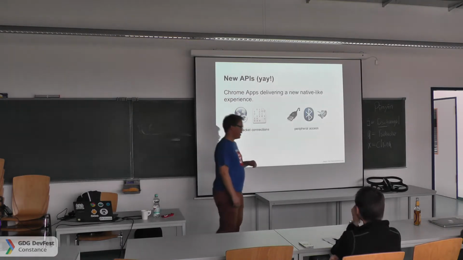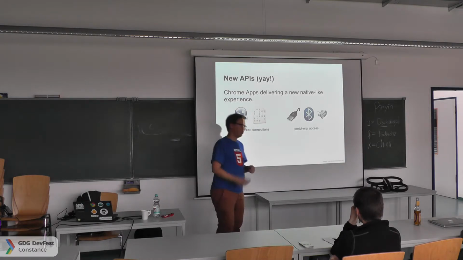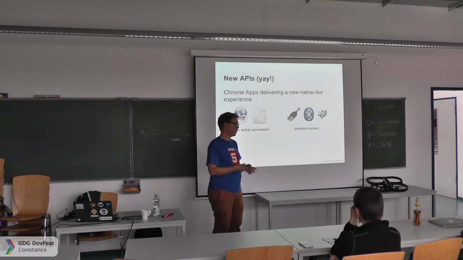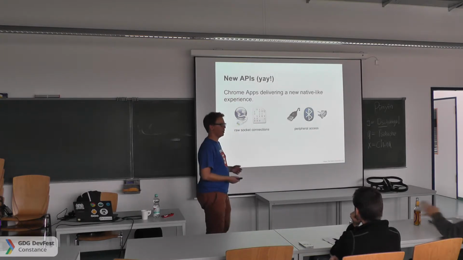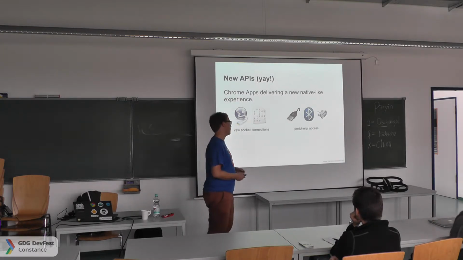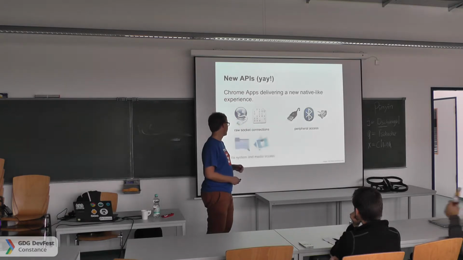You can access any kind of peripherals, Bluetooth, serial ports. You can use any kind of sensor data. So, for example, if you have an Arduino and connect it to your computer, you can read all the serial data directly and process it within Chrome, and you don't have to write any code that does this.